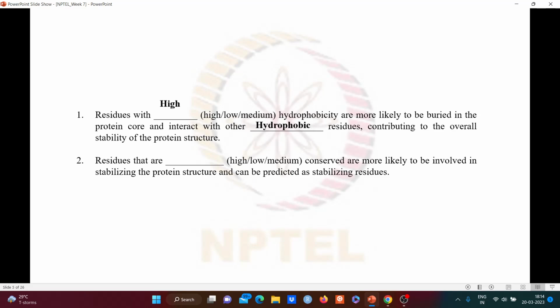Yes, residues with high conservation are more likely to be involved. I want everyone to be involved in answering so that it creates an environment for a good discussion. Even if it's right or wrong, just let me know your answers. Okay, moving on from here.